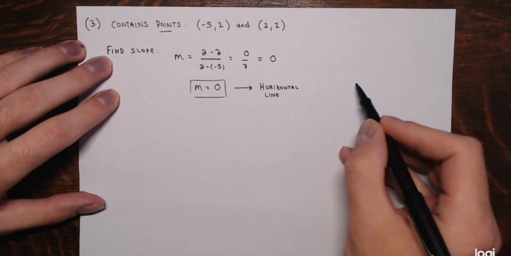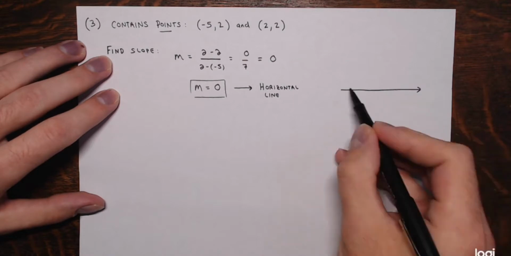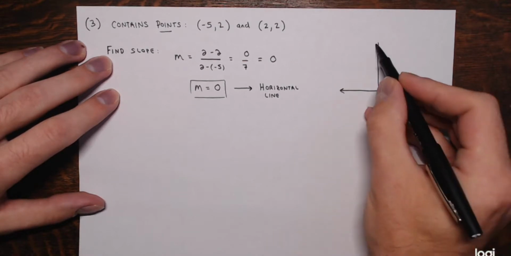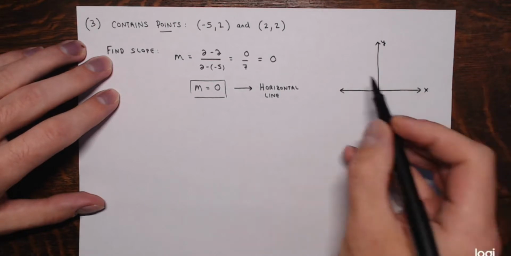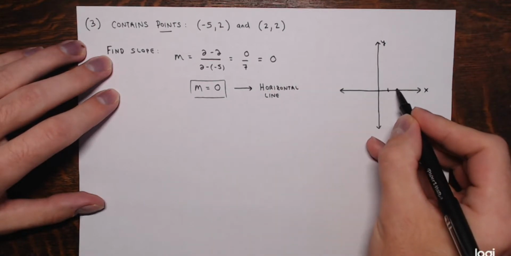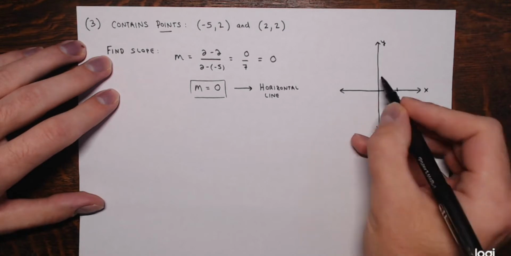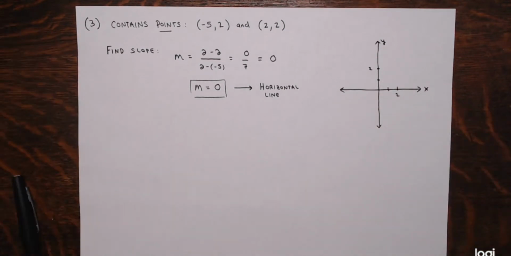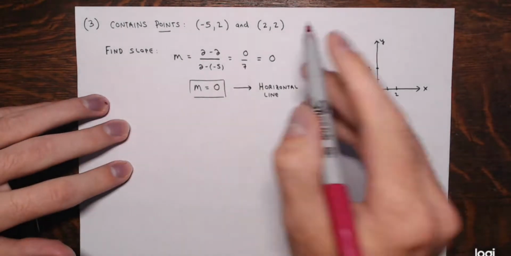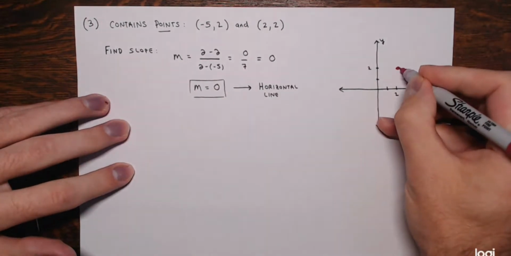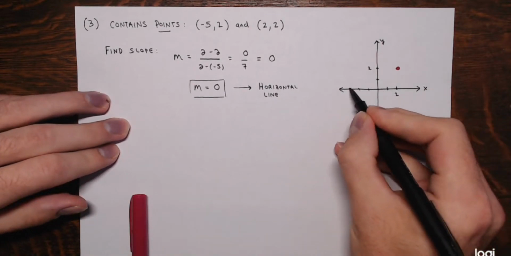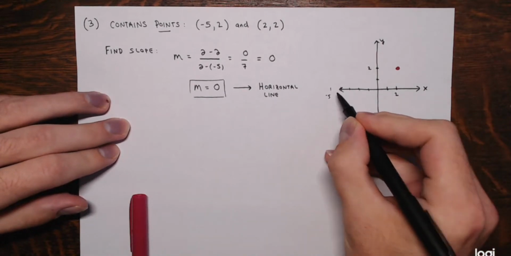Watch this. I'll plot these points on a very quick XY plane. Every single point on this line is going to have the same y coordinate. You see both of these have the y coordinate of 2. You've got 2, 2, and negative 5, 2.